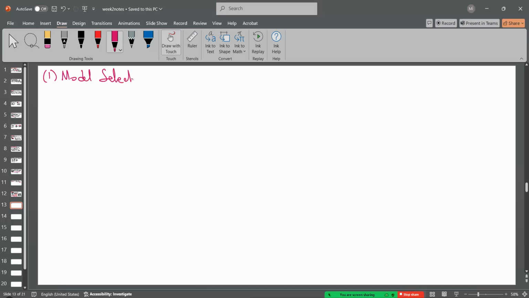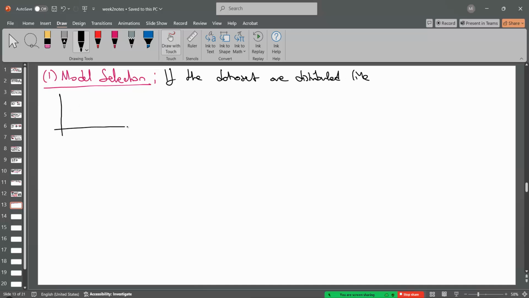Okay, in the model selection, if the datasets are distributed like, for example, in our case y and x is equal to this one, and so this graph looks like a linear diagram.